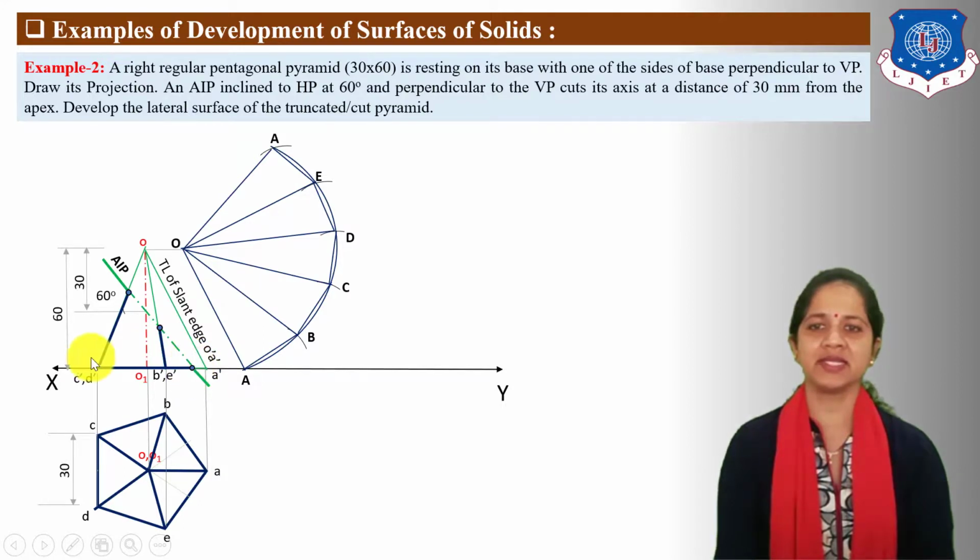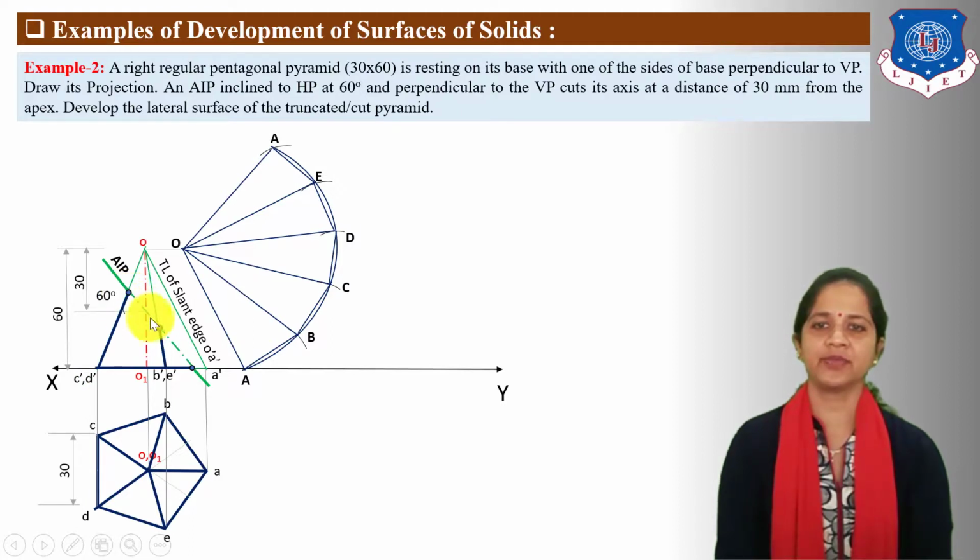Here, base is cut by AIP cutting plane, so here 2 points are cut. Here also 2 points are cut, one on OB slanted and another on OE slanted. Here also 2 points are cut, one on OC slanted and another on OD slanted.